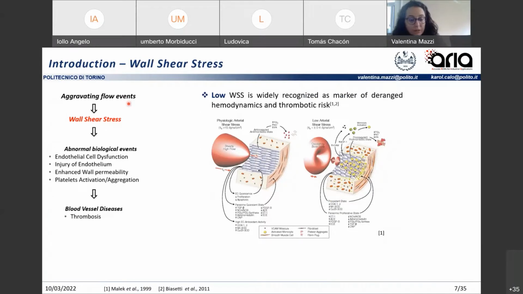In the presence of aggravating flow events, wall shear stress may trigger abnormal biological responses, such as endothelial cell dysfunction or injury, an increased permeability of the vascular wall, and above all, platelet activation, aggregation, and deposition, which are known to be responsible for thrombotic disease.